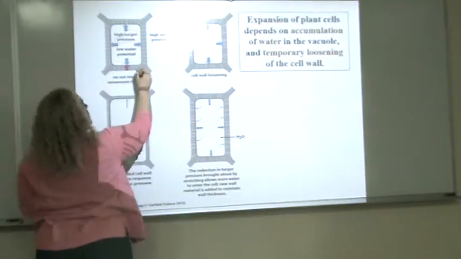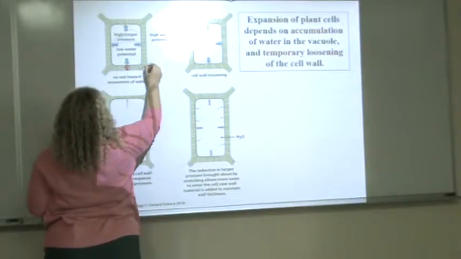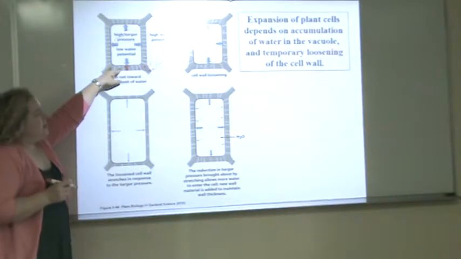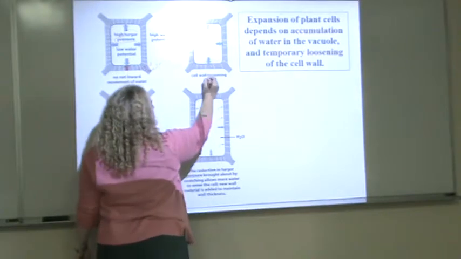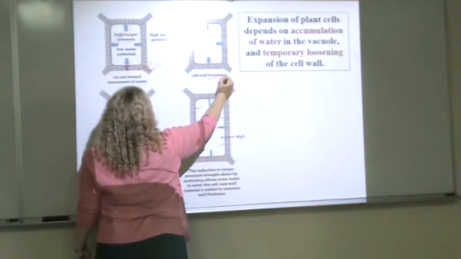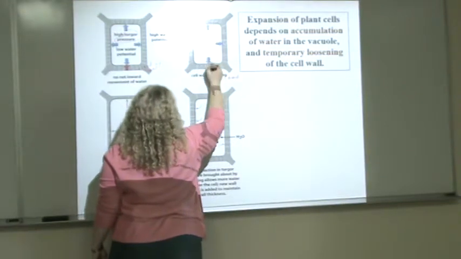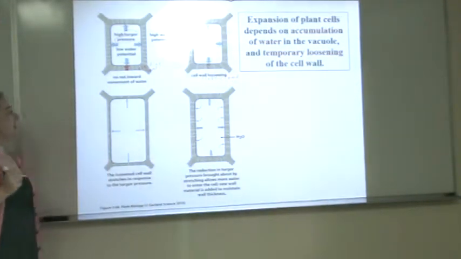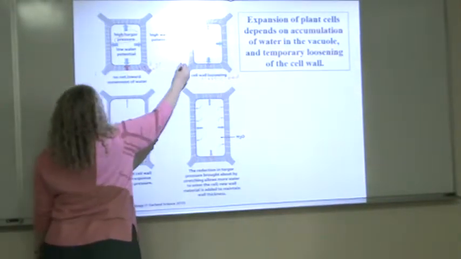So if a rigid wall pushes with an equivalent amount of force, a loosened or elasticized wall will still be pushing, but it's pushing with less force. So these pictures are proceeding in order.